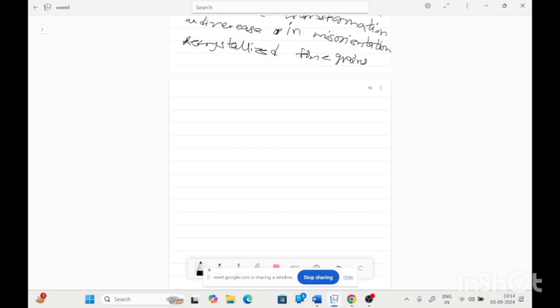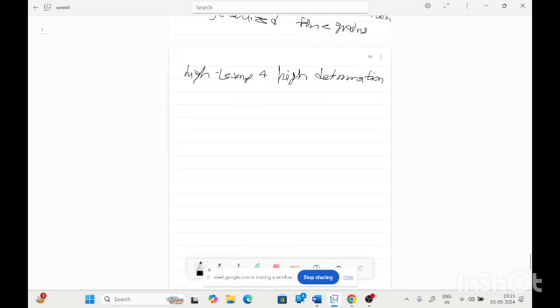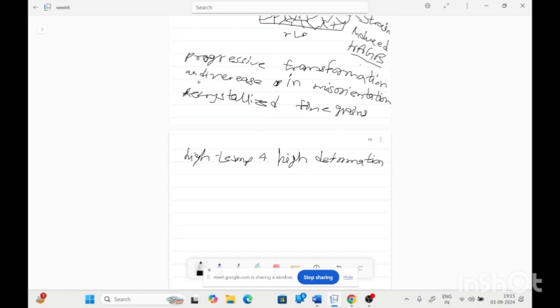So the dynamic recrystallization process is a high temperature process, and the deformation should also be high. The progressive transformation and increase in misorientation results in recrystallized fine grains.